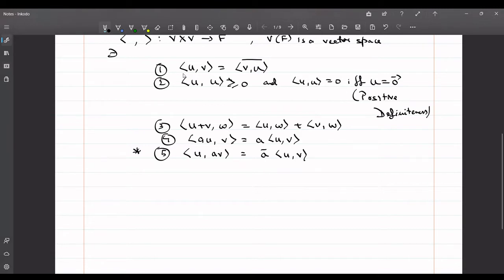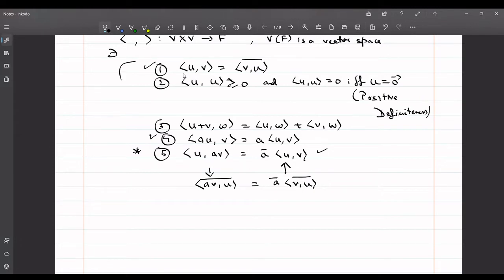This is a direct result of the earlier points, because this can be written as the conjugate of the mapping of (AV, U). If we take the A outside, it comes out as A conjugate times the mapping of (V, U) conjugated, and then we can write it as this. Pretty simple. That's why I gave a star here, because it is sort of a resultant.